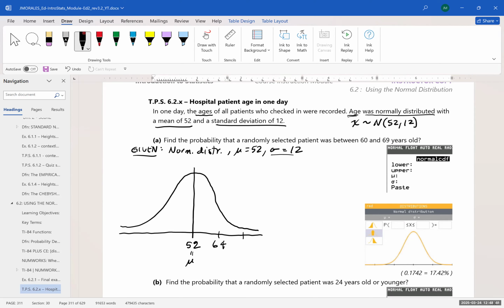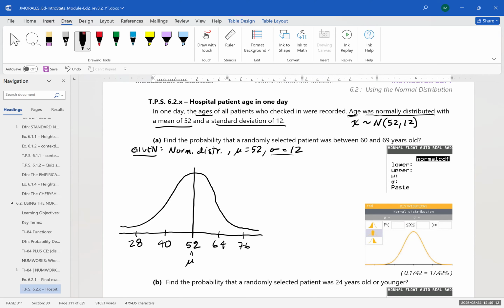Add 12 again, we're going to get 76. Let me go 12 the other direction too, just to maybe challenge my subtraction skills here. If we subtract 12 again, that's going to be, yeah, 28.